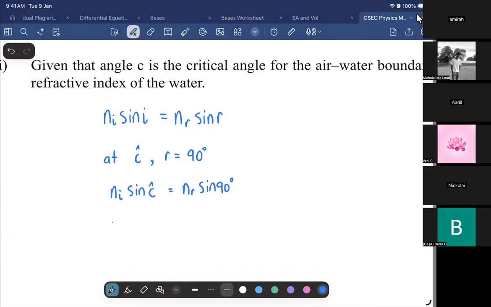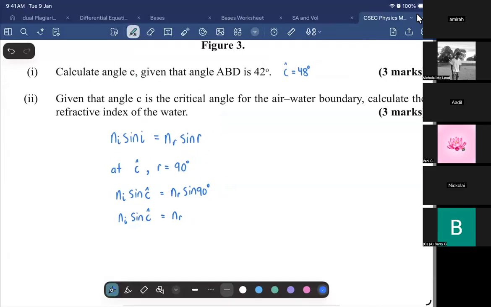What is sine 90? 1. Yeah, it's 1 times Nr, which is just Nr. Understand? Yes, sir.